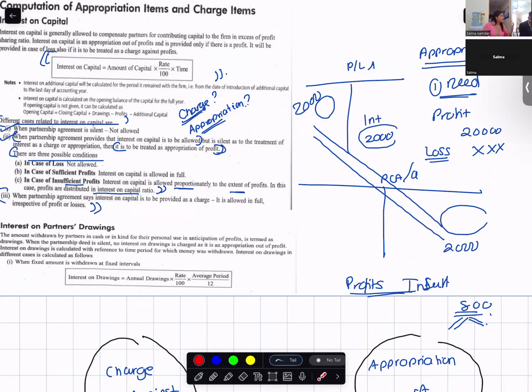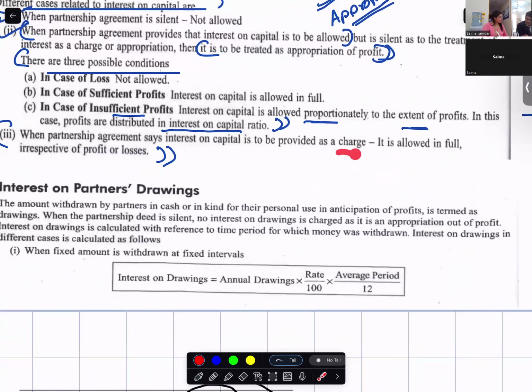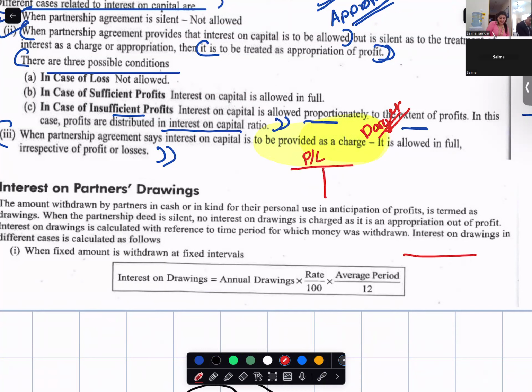But if the question tells you to treat interest on capital as a charge, what does it tell you? That means it is a charge against profits. What does that mean? It will come in the profit and loss account and in the partners capital account.